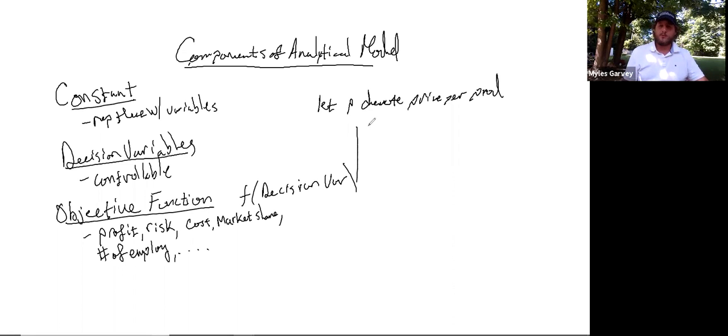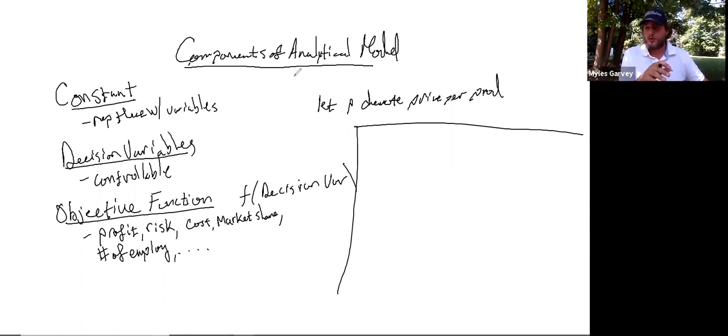However, one thing we have to recognize is that not all inputs are possible in the real world. For example, if I said, let Q be my decision variable of how much to order, and let F of Q represent the total cost of ordering that many units and holding them for the week while simultaneously selling them at a fixed constant rate, then a question becomes, what are the possible values of Q?